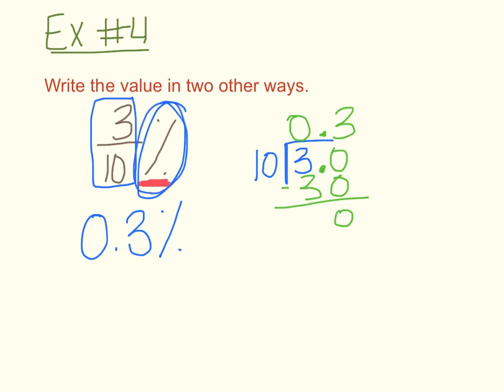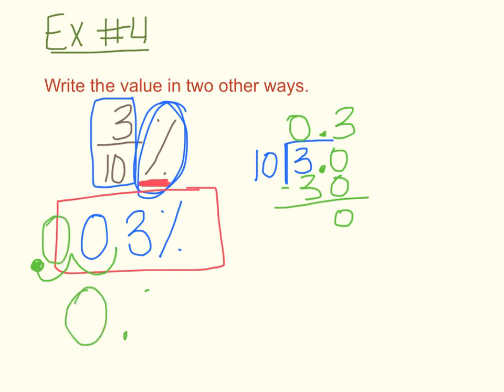Okay, so now I have to actually change it because it's still in percent form. To change it to a decimal, we move it 1, 2 places. And I'm going to have to add a 0 there. So the decimal is 3/1000ths.